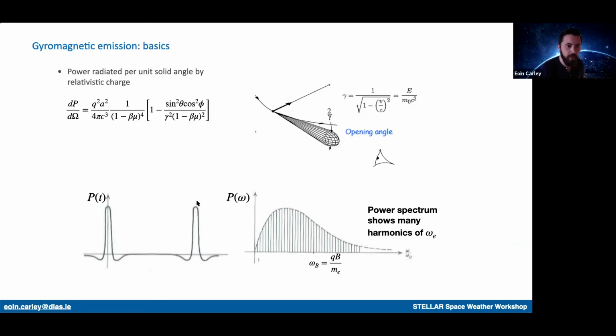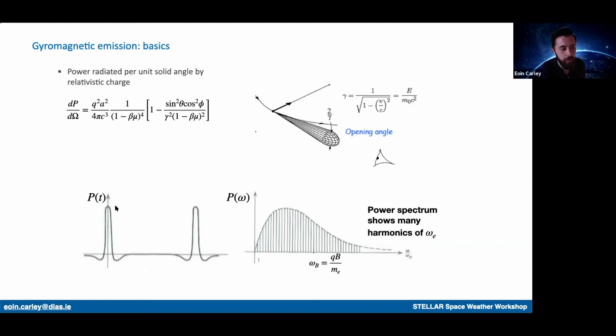Now, as we did the last time, if we just take the Fourier transform of this, this is the power with respect to frequency that we see. This gets us a little bit closer to gyrosynchrotron and synchrotron spectra, okay? And then we don't only have one harmonic of the cyclotron frequency. This time we have many, many harmonics, and it takes on this characteristic shape.